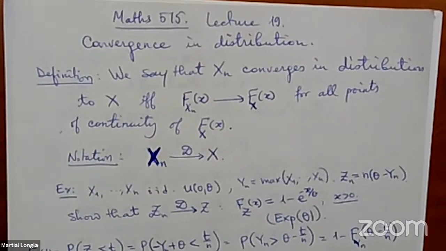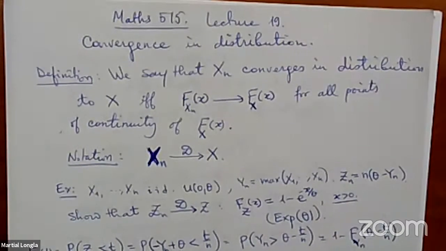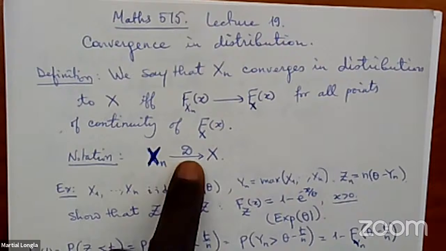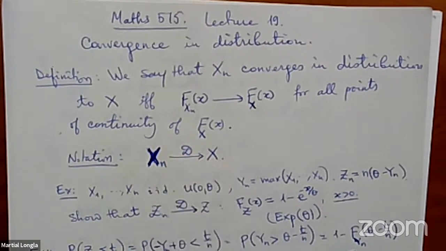So technically it means that a sequence of random variables converges in distribution to a given random variable if the sequence of CDFs converges to the CDF of that random variable. And the notation is Xn converges in distribution to X, with a d on top of the arrow. With a p on top of the arrow, it means convergence in probability. With a d on top, it means convergence in distribution. And the two things are different.